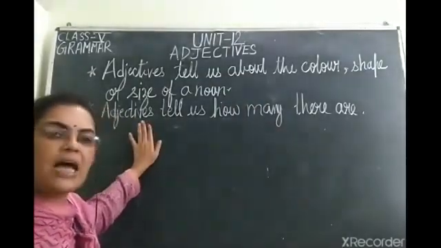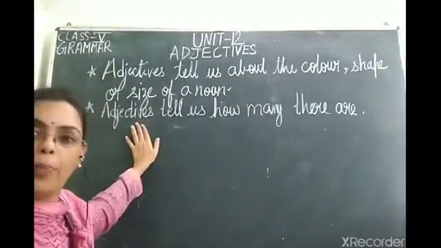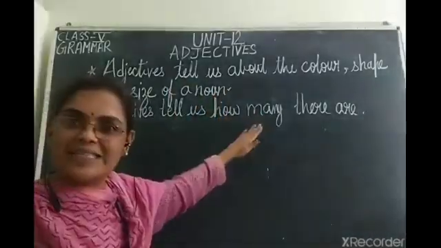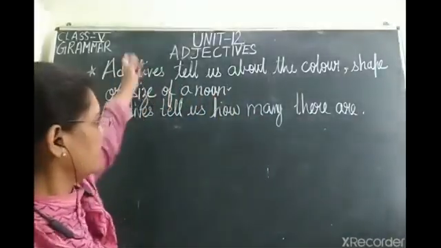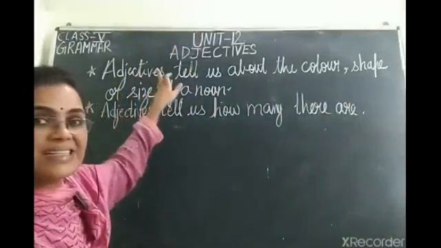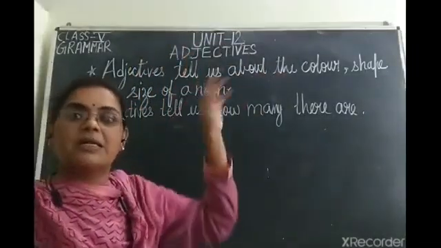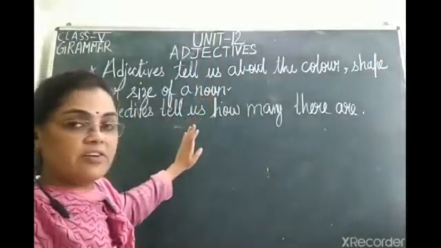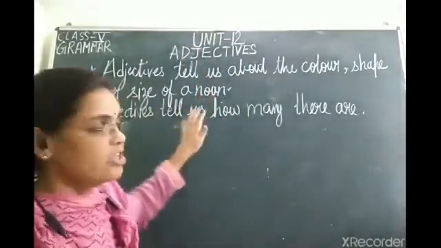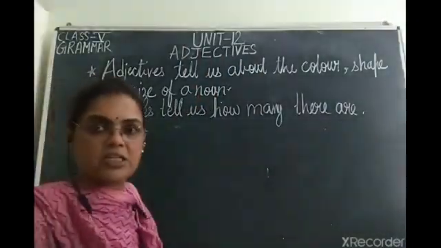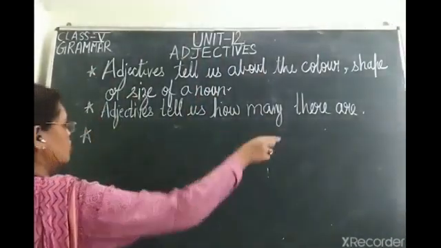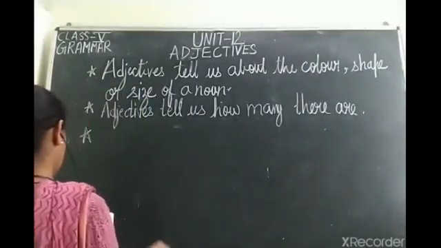So 3 is the answer to what? How many? Got it? For example, a triangle has 3 sides. And if we look at the shape and size, a circle is round. So round is what? Adjective. A triangle has 3 sides. 3 is what? Adjective. So these are the things which adjectives tell, and you need to keep this in mind.